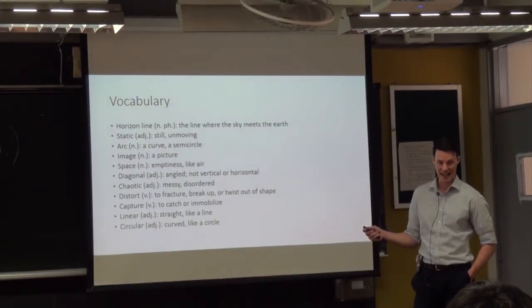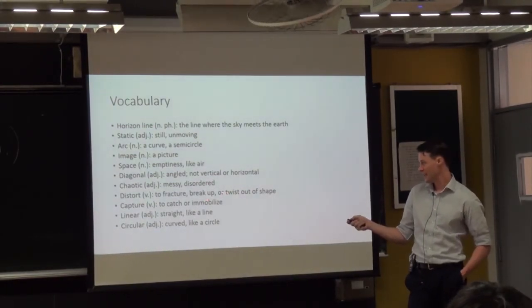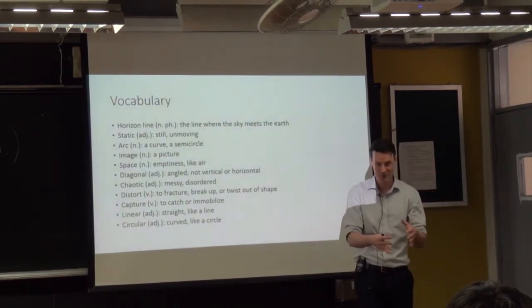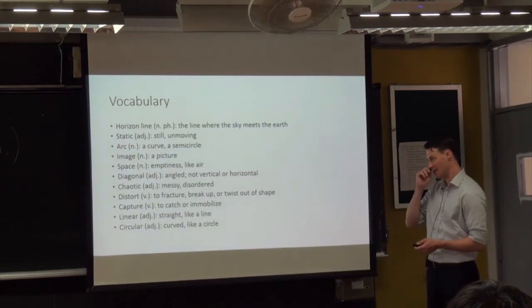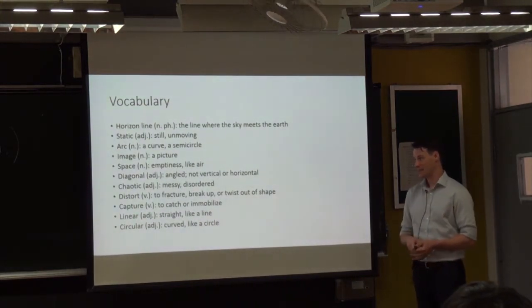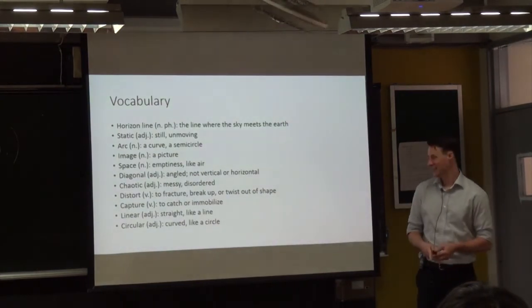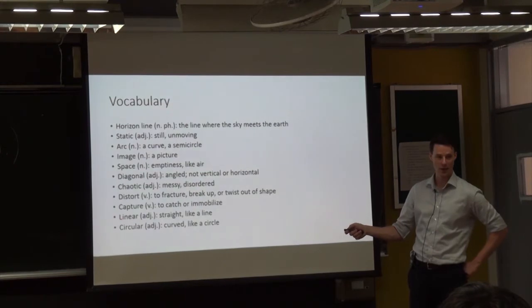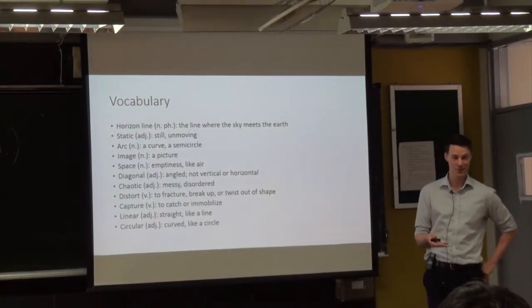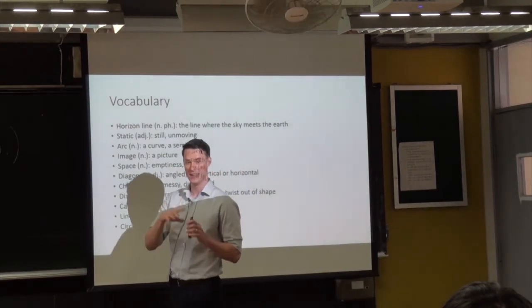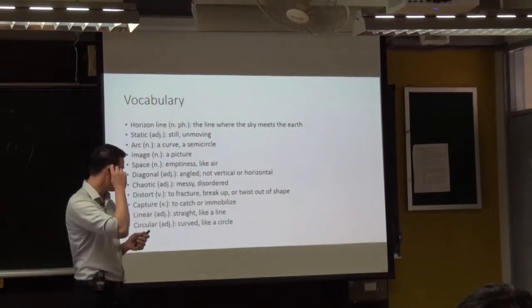So immobile means not able to move. So trap something, capture it, catch it. Linear means straight, like a line. You can even see in the word it has line in the word. So linear is basically just taking the noun line and turning it into an adjective.